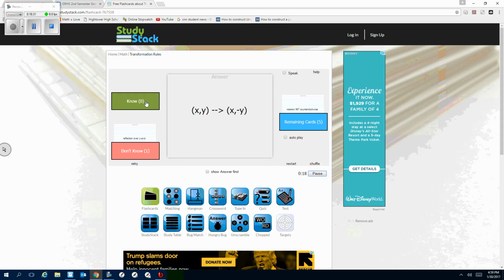Flip it. Okay, you say I got it. Rotation 90 counterclockwise. See if you get the answer. Say, nope, I didn't get it. Rotation 180 counterclockwise. Flip it, see if you get the answer. Got it. And so as you go through, then you can redo the ones that you don't know. And you can maybe start it all over again.